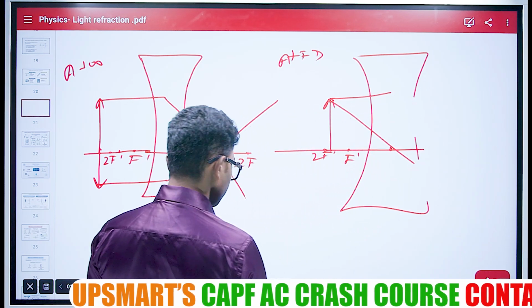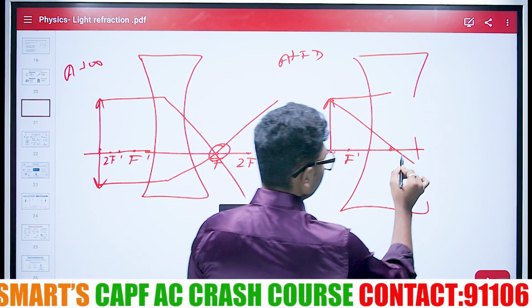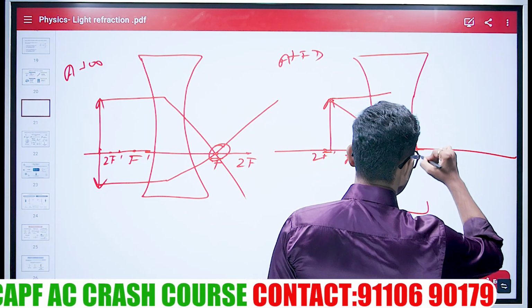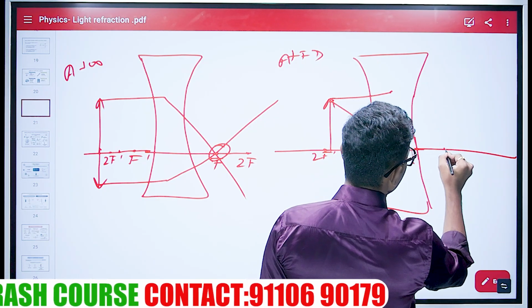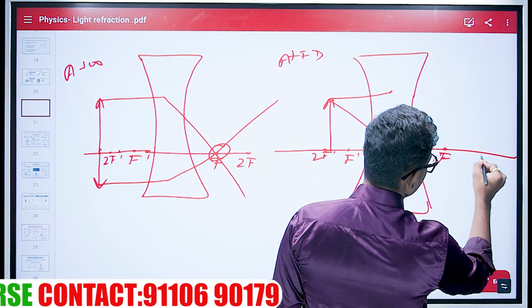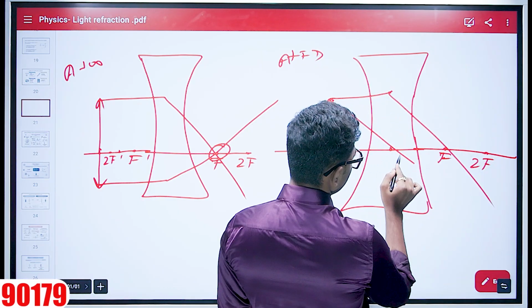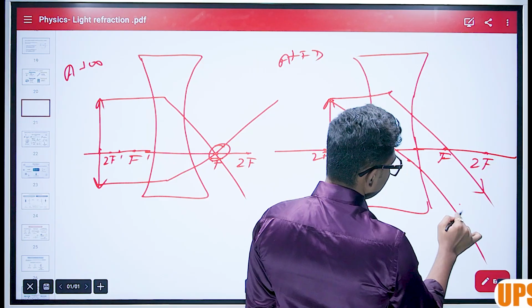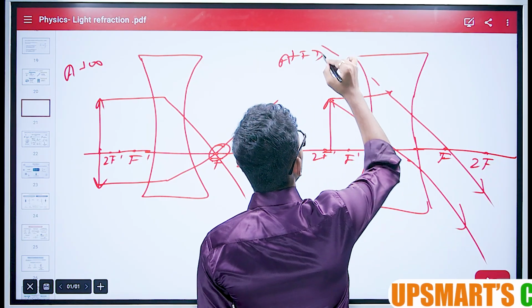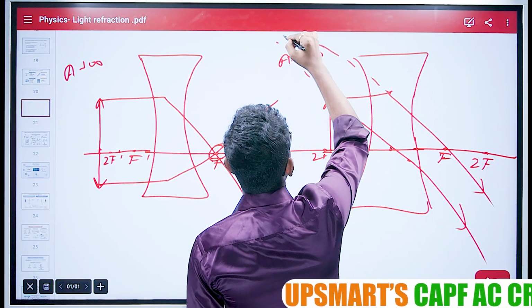Actually if we use a scale and draw, we can draw a perfect image. In this case, a light ray, this is the focus, this is 2F, and this passes through this and this passes through this. They are very parallel. They will not meet there. They will form here somewhere.